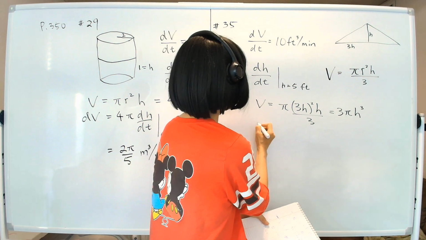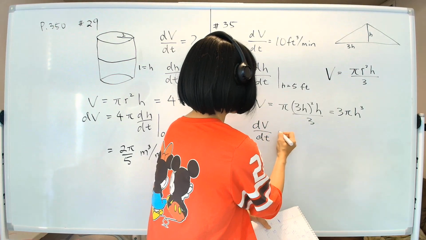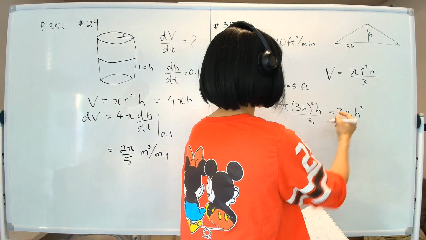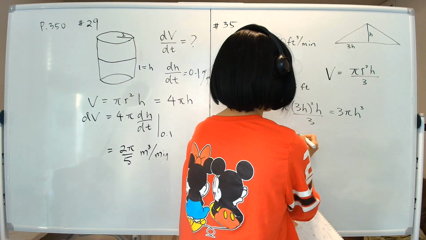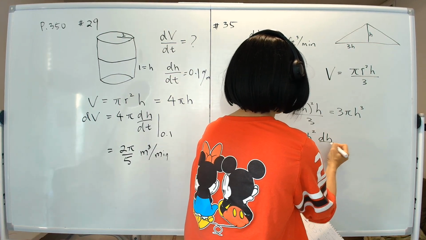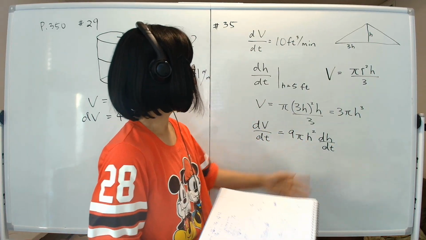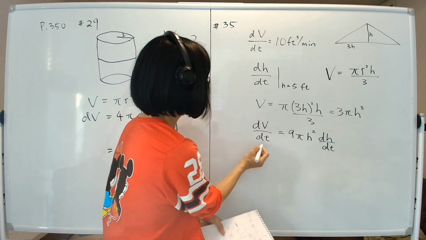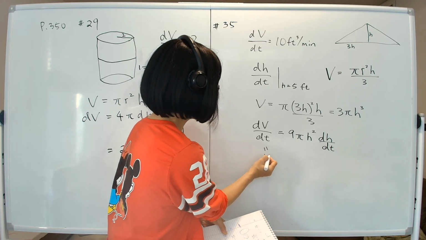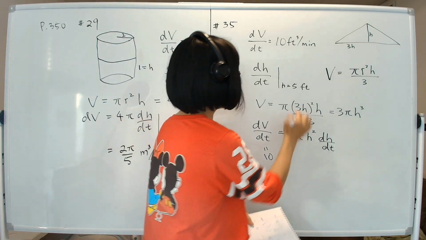So dV by dt equals 9 pi h squared dh by dt. Now from this point, you can substitute all the necessary values. dV by dt equals 10. What was h again? h is 5, it says right here.